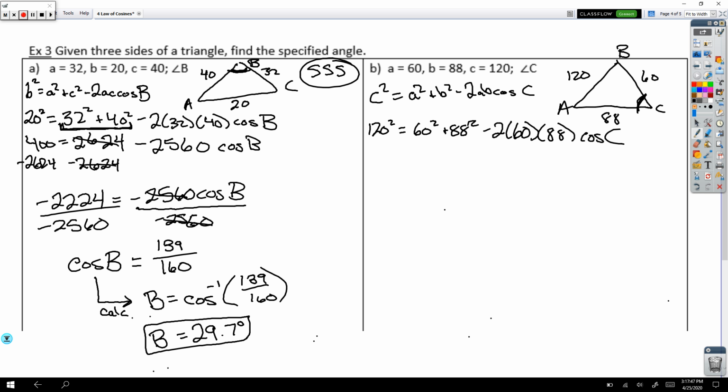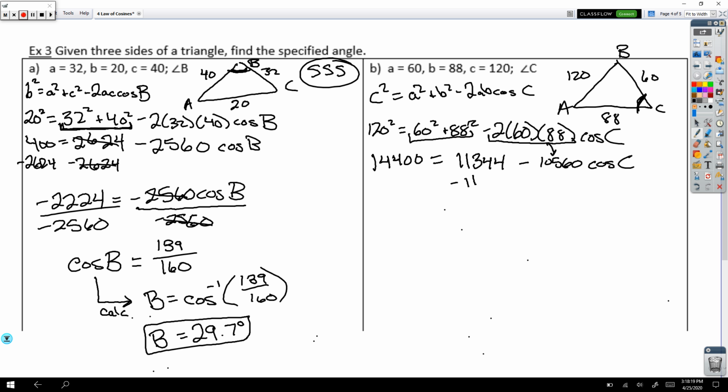So same thing as before. Let's do our squaring and multiplying and adding and all that stuff. So 120 squared is 14,400. 60 squared plus 88 squared would be 11,344. Alright, so doing all my multiplying, that gives me 10,560.